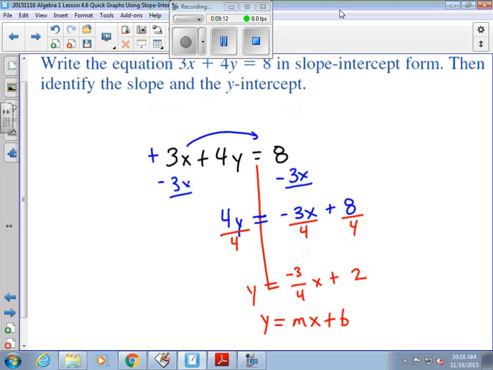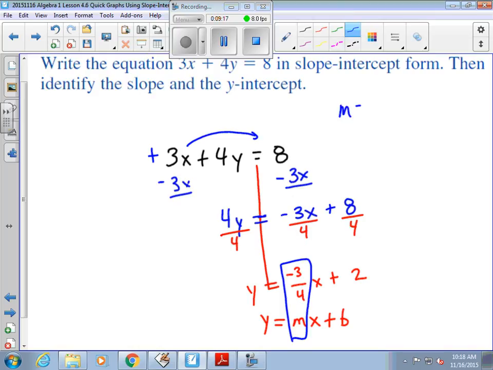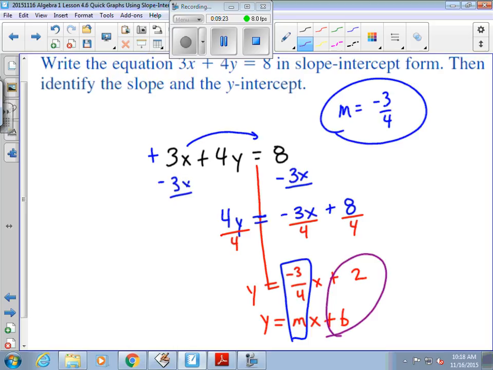Your m value is negative 3/4, or your slope is negative 3/4, and your b value is positive 2. So y equals negative 3/4 x plus 2. M is negative 3/4. B is 2.